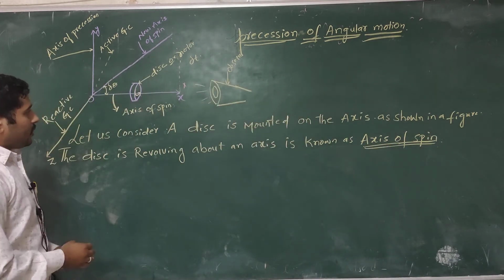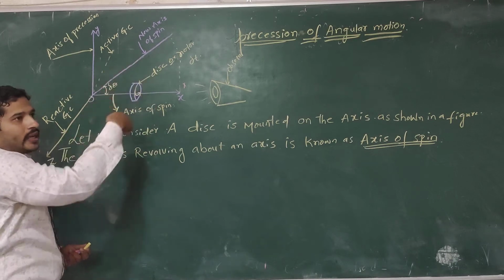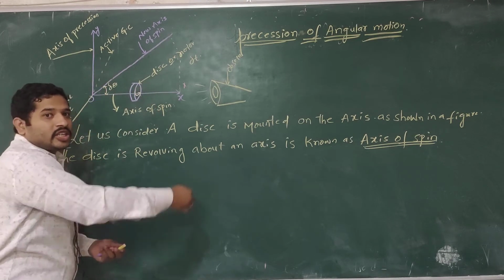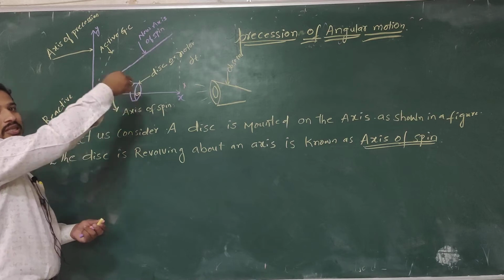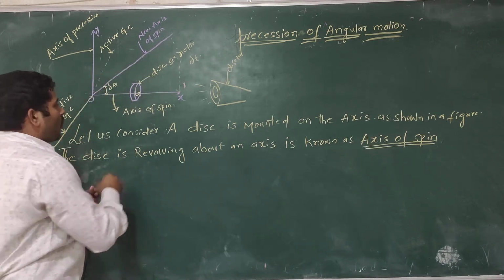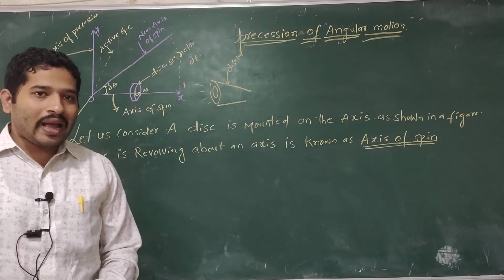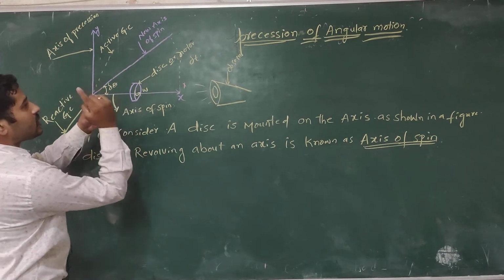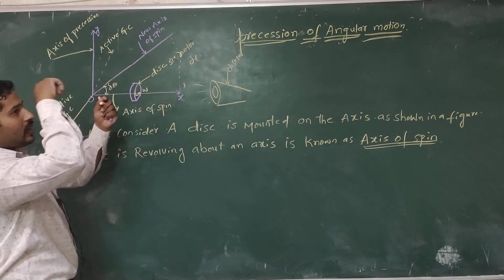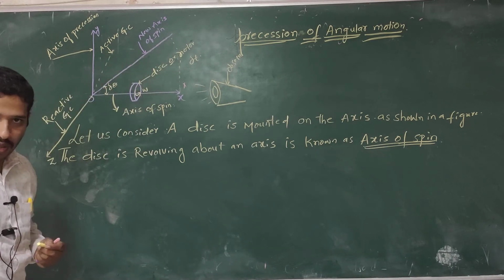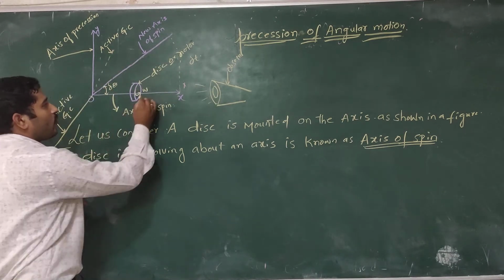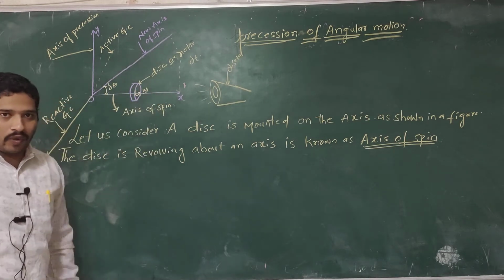Let us consider, if the disc is rotating, the initial angular velocity of the disc, what will it be? Omega. Why is it omega? Because this disc is rotating in a circular path. Is it right? For that reason we are using the angular velocity.